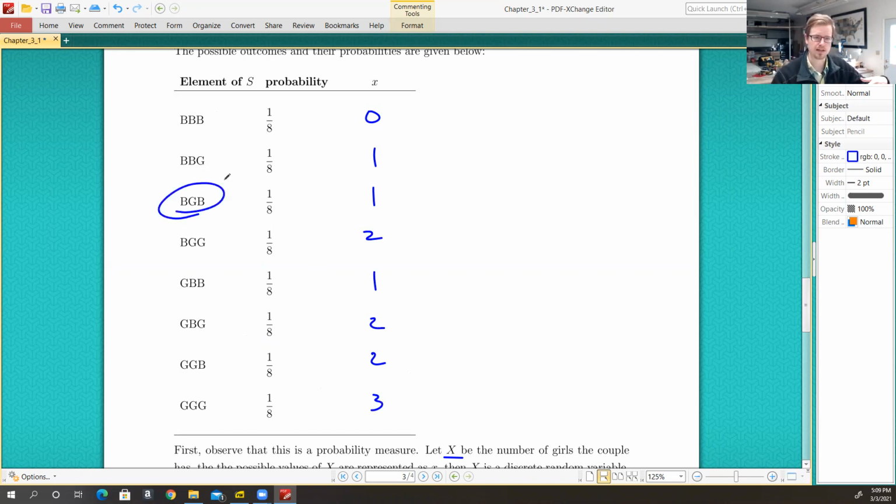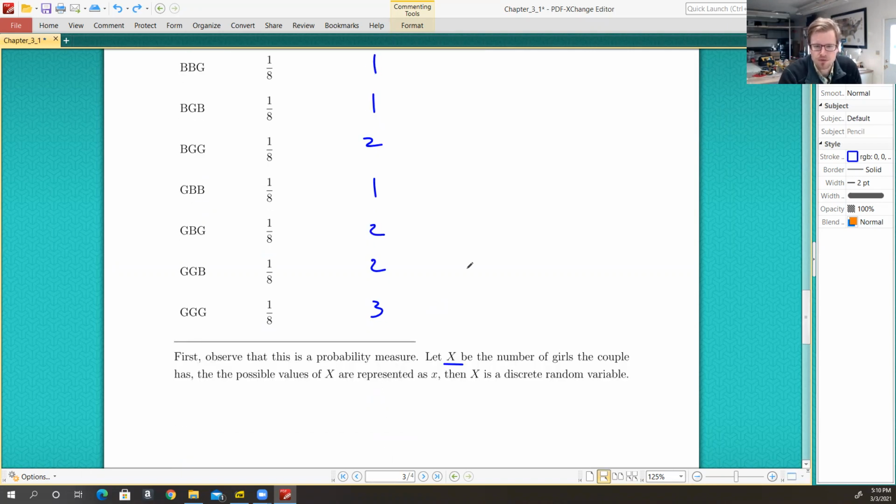That element is the gender of the children that they had, boy, girl, boy, and we see how many girls that is. That's 1 girl. Okay, excellent. So that's the context, right? We have a very understandable why our random variable is taking on a particular value for the outcome in the sample space. Makes sense. This is pretty straightforward.